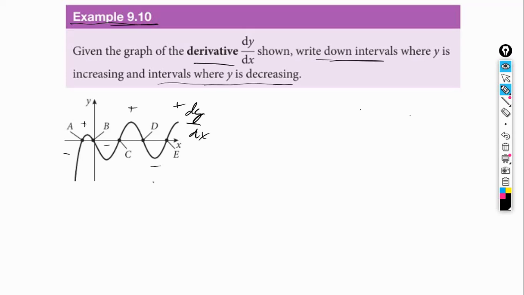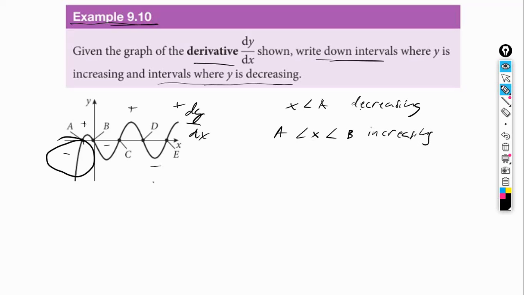So when x is less than a, we have a graph that is decreasing. How do I know? Well, the derivative is negative, right? Notice that before a, we have negative derivatives. So if x is greater than a, but less than b, then the graph is increasing. Why? Because it's positive here between a and b. And we can say that if x is greater than b, but less than c, it's going to be decreasing.